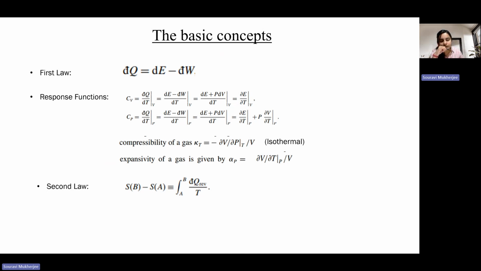So there are all these different response functions which help us define how the system responds to different changes in these thermodynamic variables. Some of them are also the compressibility or expansivity of the gases, and we defined these quantities in the last class.